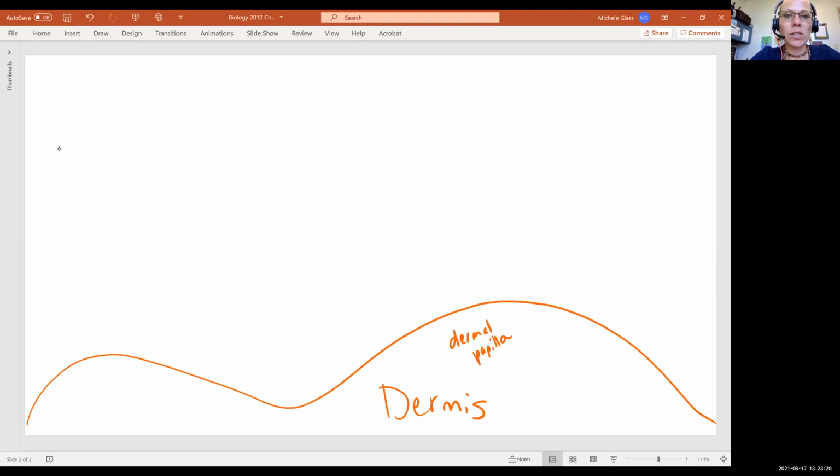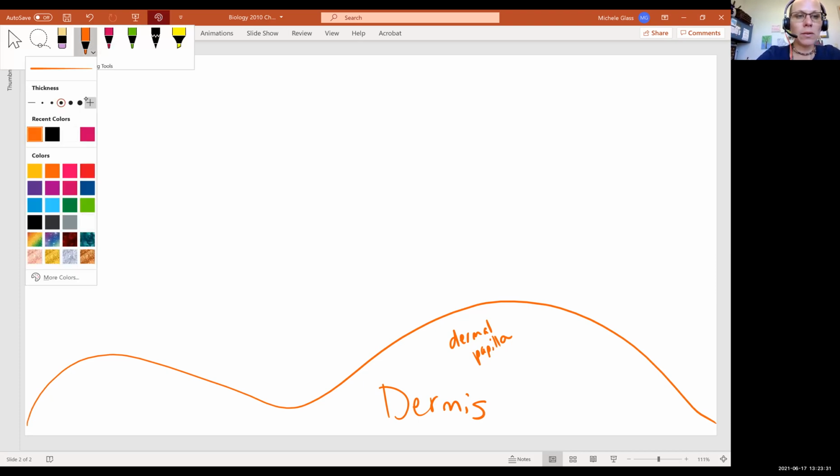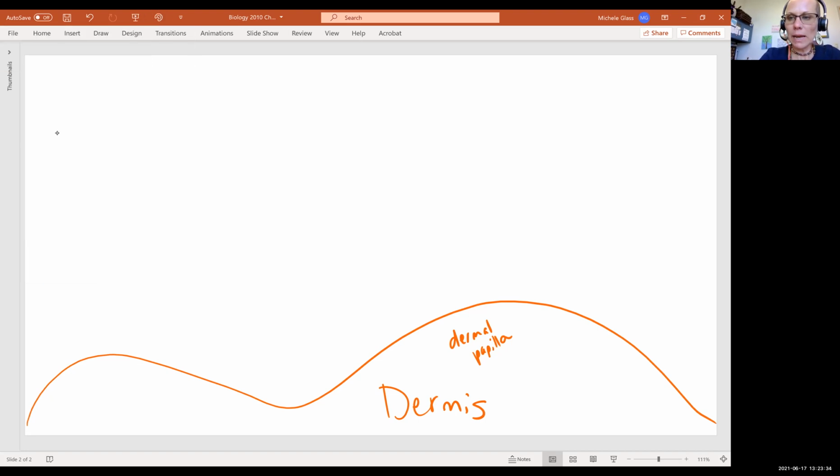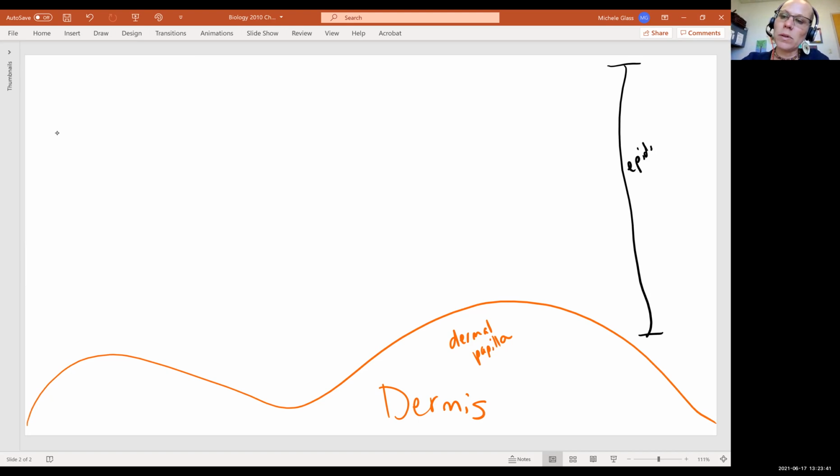So here, at the bottom of my picture, I've drawn sort of a squiggly line. Now immediately on top of that squiggly line, I'm ready to start layering in my epidermis. So I'm going to represent the entire rest of this screen as my epidermis. And so the layer of the epidermis that's sitting directly on top of the dermis is called the stratum basale.